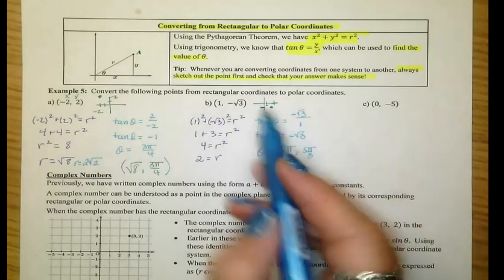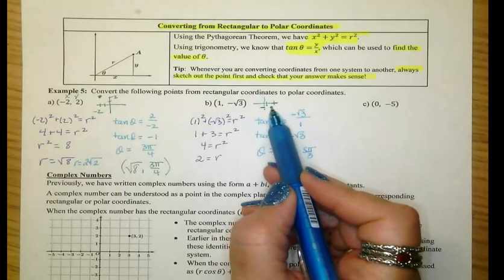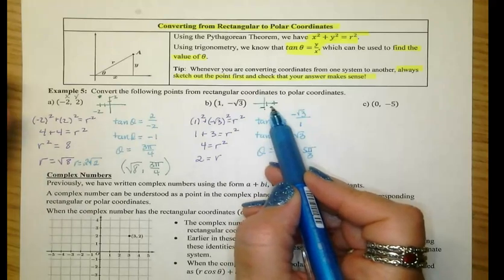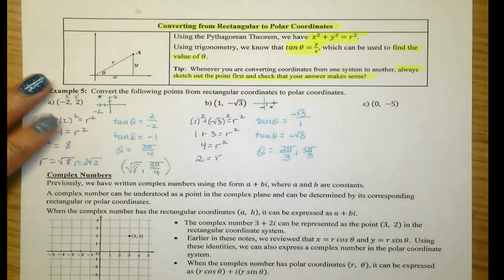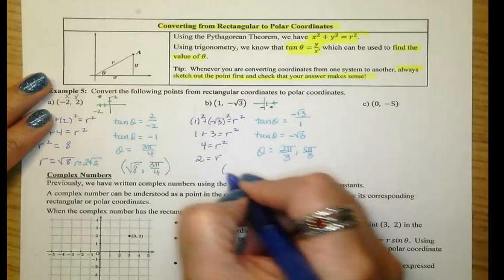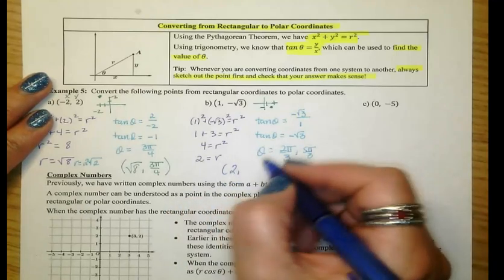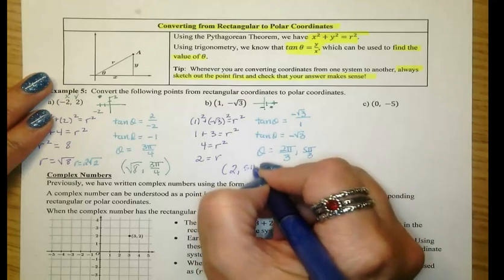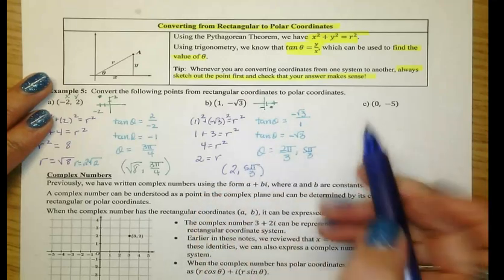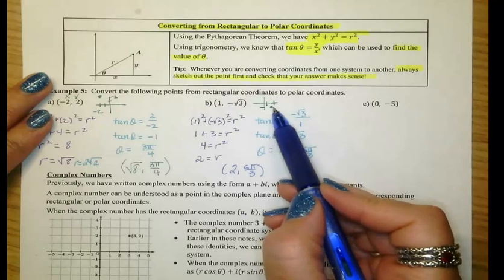Of these two angles, which one is going to give me an angle down here where that original point was plotted? All right, so I'm going to have a radius of 2, but I'm not going to use the 2 pi over 3. I'm going to use the 5 pi over 3 to make sure that we're talking about this point that we plotted.